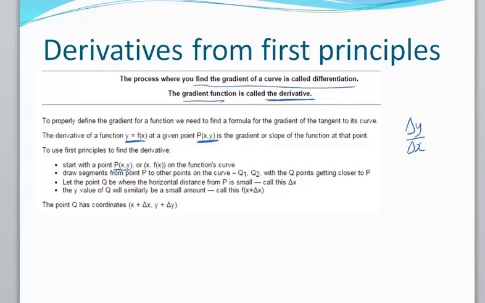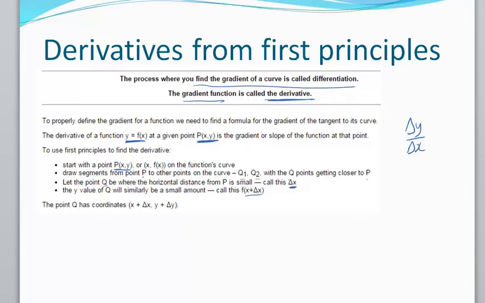Then we draw segments from the point P to other points, say Q1, Q2, with the Q points getting closer and closer to P. Let the point Q be where the horizontal distance from P is small, and this is our change in x, delta x. The y value of Q will similarly be a small amount. We're going to call this our function of x plus delta x.